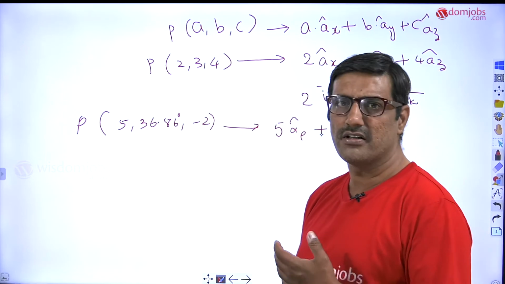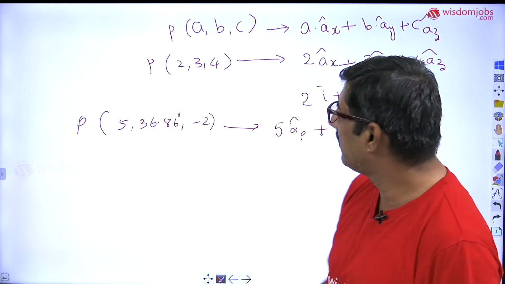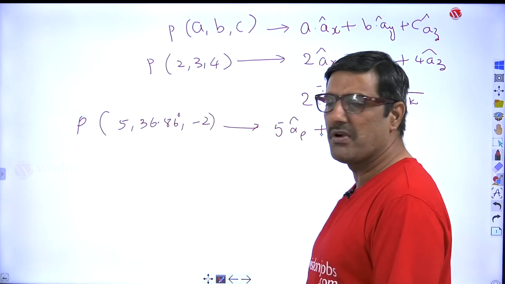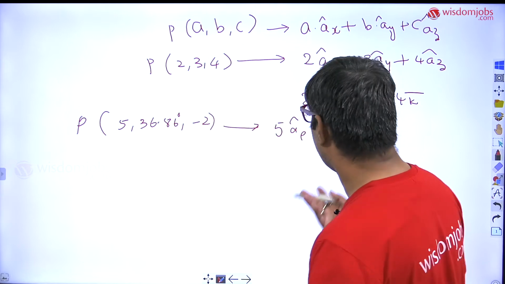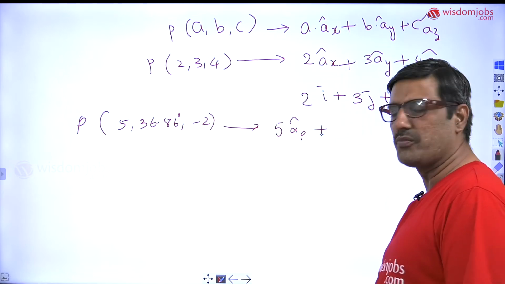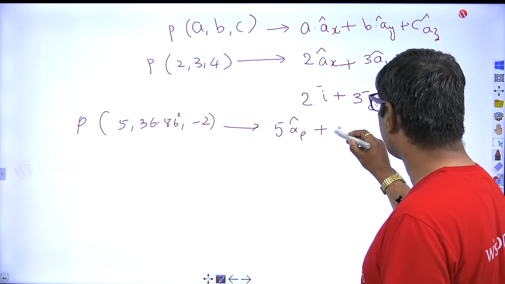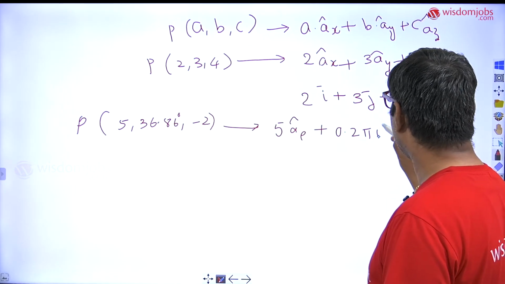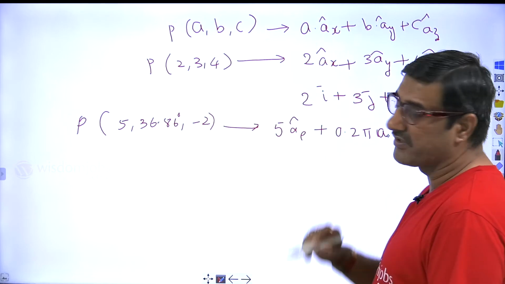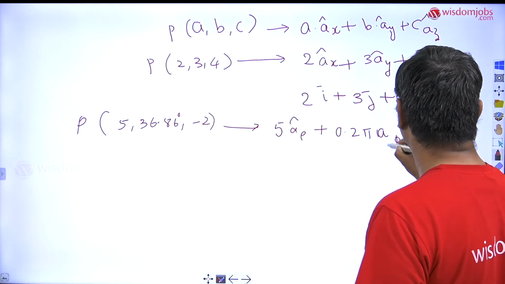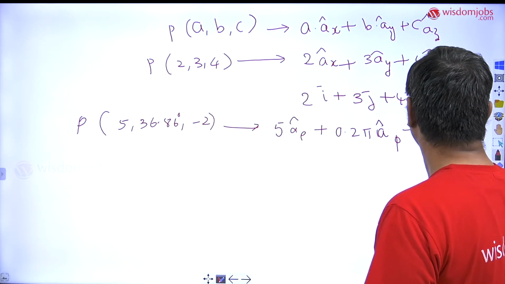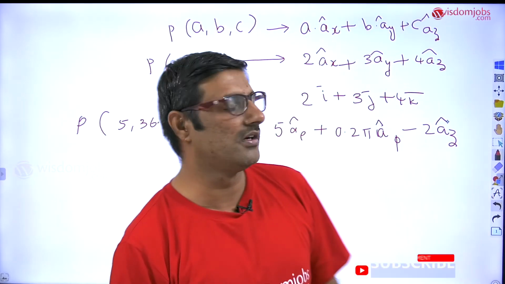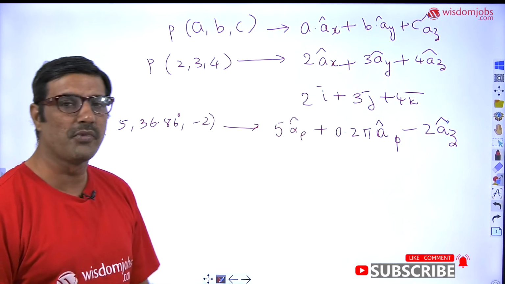Roughly it is almost pi by 5, so I can take it as 0.2 pi, with a phi cap as the unit vector for the angle. Lastly, minus 2 az cap. So this is the position vector representation of the given point in the cylindrical coordinate system.